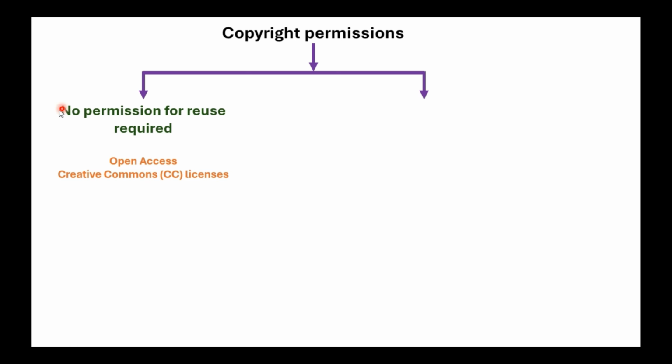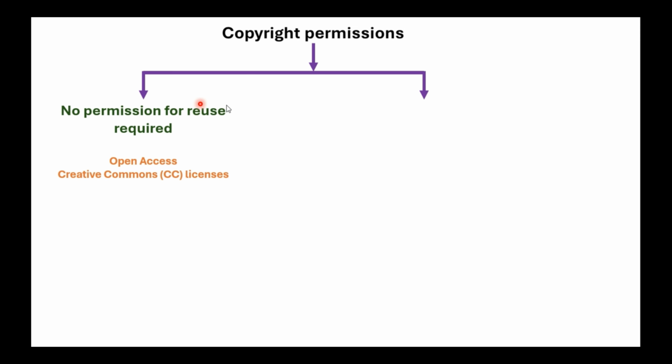Now let's move towards our main part, that is copyright permission. In general there are two types of articles. One in which you don't need to take permission. These are called open access articles or come under the Creative Commons license.